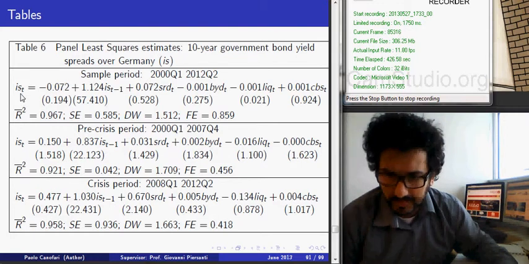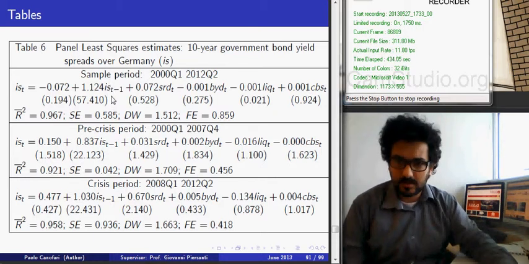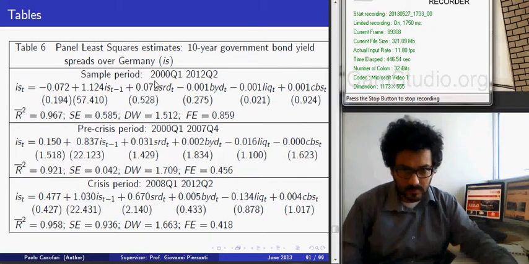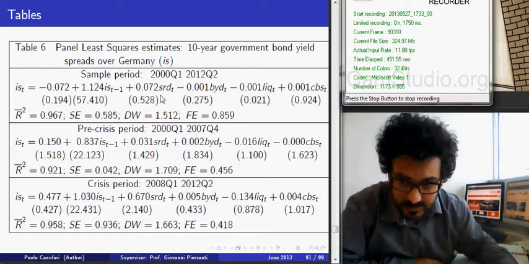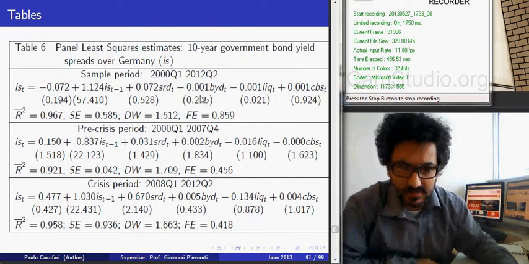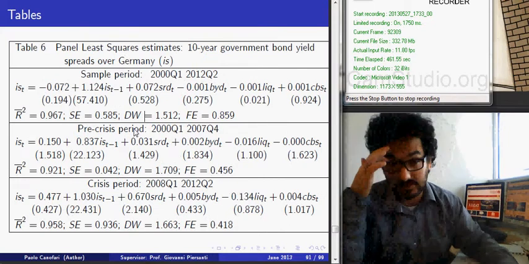Now, if we consider this panel estimate, we have the spreads at time t, but also the spreads with lag 1, so the previous period, I_it-1. What we can see from this table is that in this case the Durbin-Watson statistic becomes higher with respect to the first one, so our hypothesis of spurious regression is confirmed also from this table.